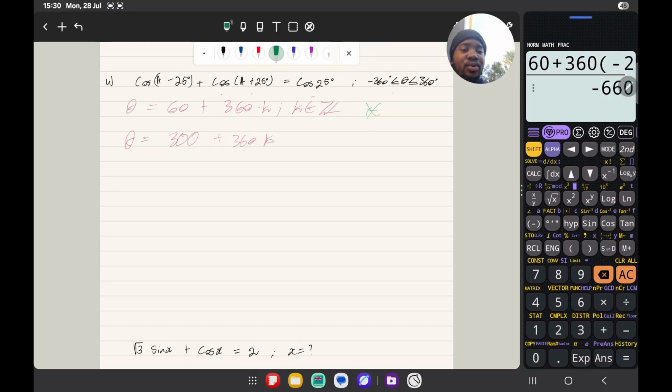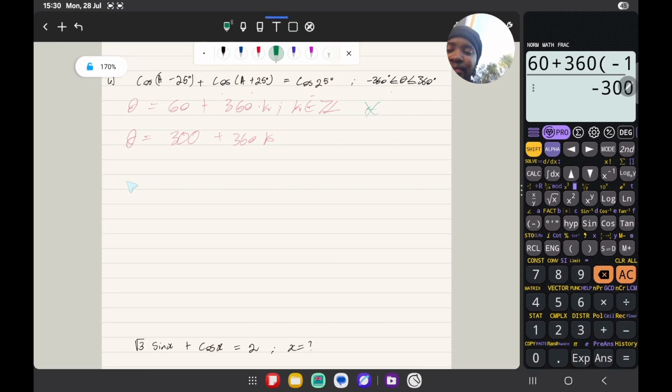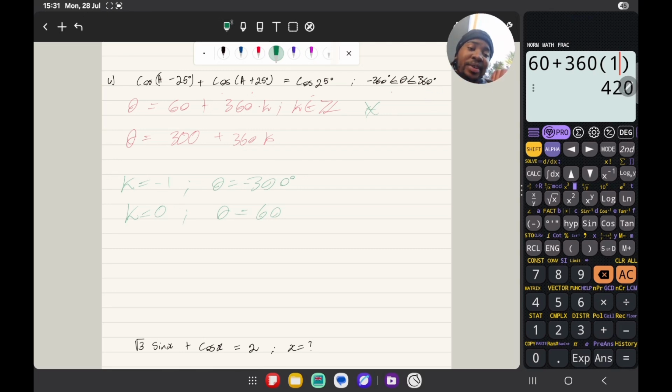The angle we are getting is way outside our range, so forget about minus 2. Let's go minus 1. Minus 1, we're getting minus 300. So k equals minus 1, theta equals minus 300 degrees. And if we have k equals 0, we have theta being 60. If it's 1, it's 420, which is outside our range, so we leave it.